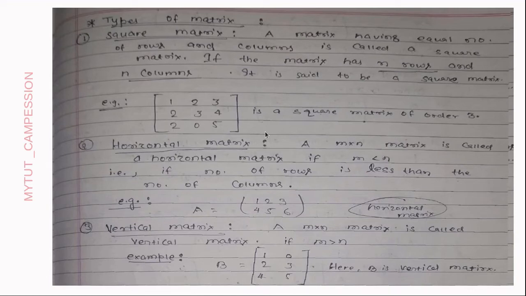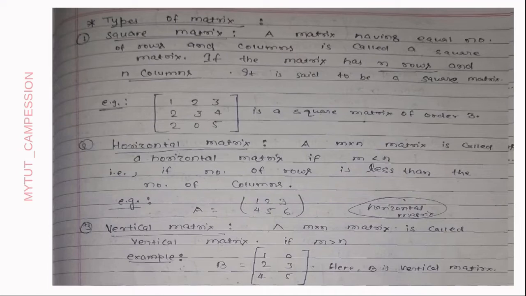Now second, we will discuss the horizontal matrix. What is a horizontal matrix? An m cross n matrix is called a horizontal matrix if m is less than n.